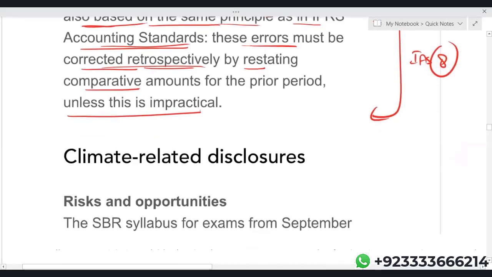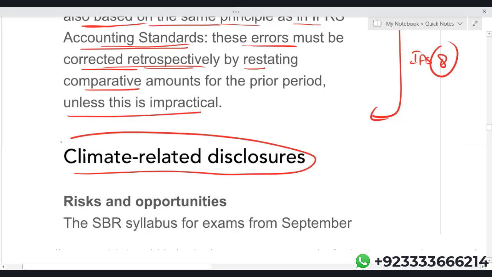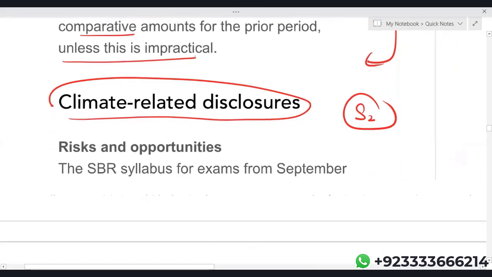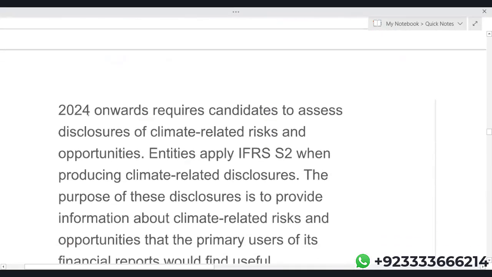Now, when it comes to the climate-related disclosures, specific disclosures, S2, risks and opportunities, the SBR syllabus exams include this. 2024 onwards requires candidates to assess disclosure of climate-related risks and opportunities.